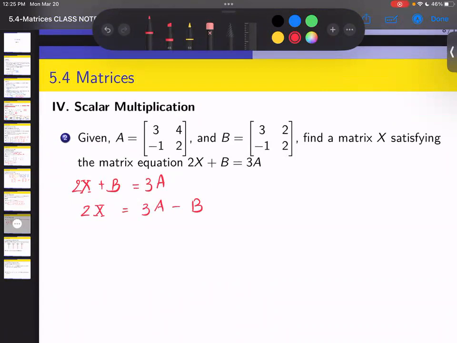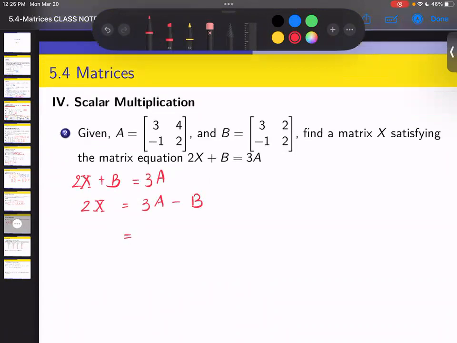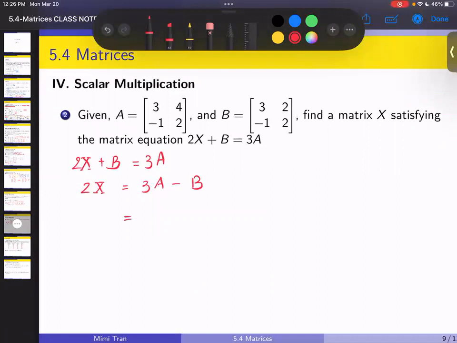Let's just stop it right there for now. Let's take care of one thing at a time. Let's compute 3A minus B. 3A is 3 times 3, 4, -1, 2. Minus matrix B is 3, 2, -1, 2.